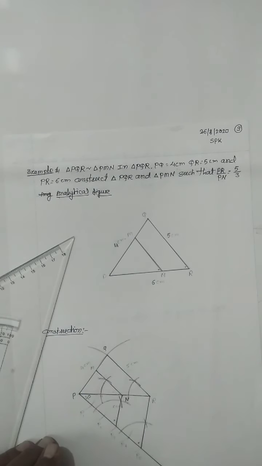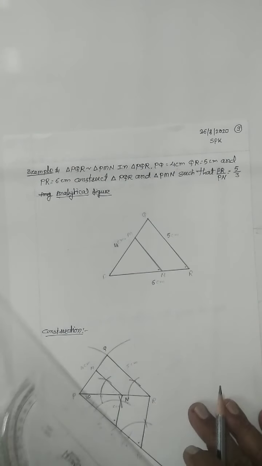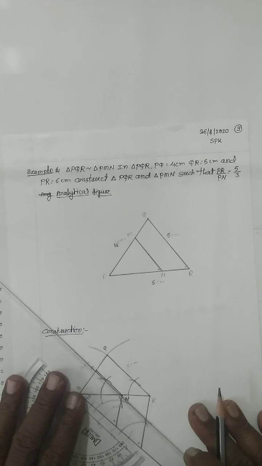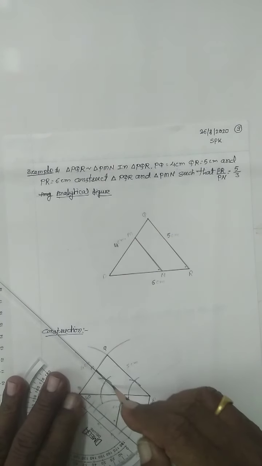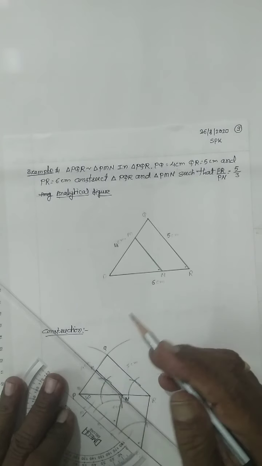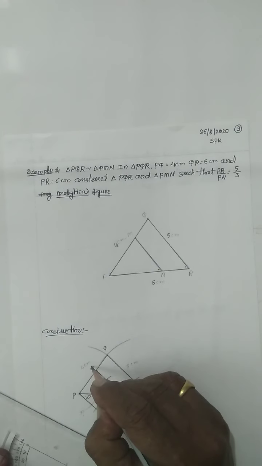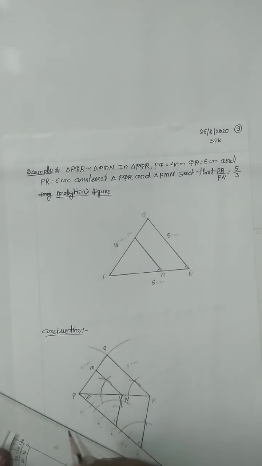Now from this intersecting point draw the segment which starts from N. This segment intersects the side PQ at point M. Then we get here point M, means we draw the triangle PMN. In this way we complete the construction.